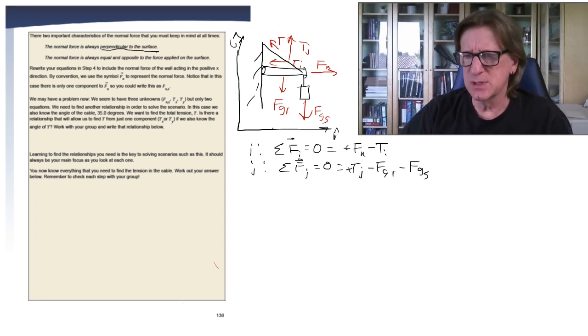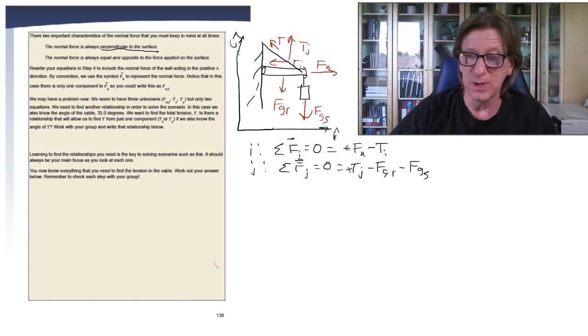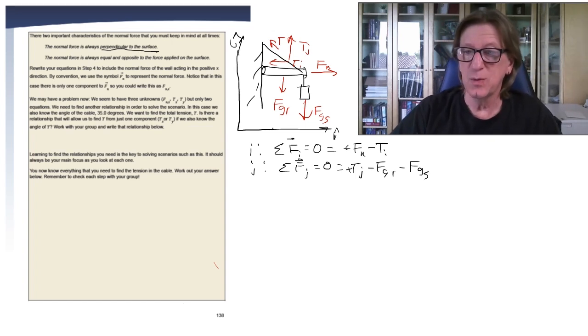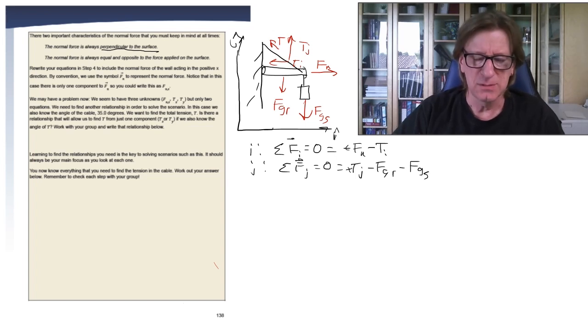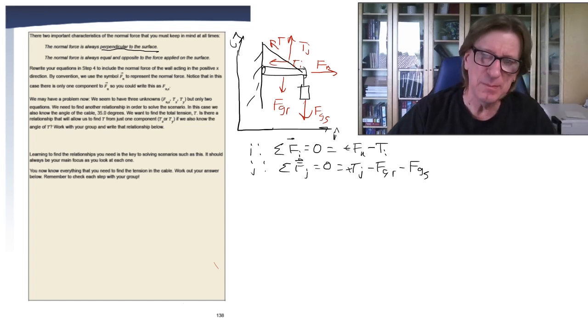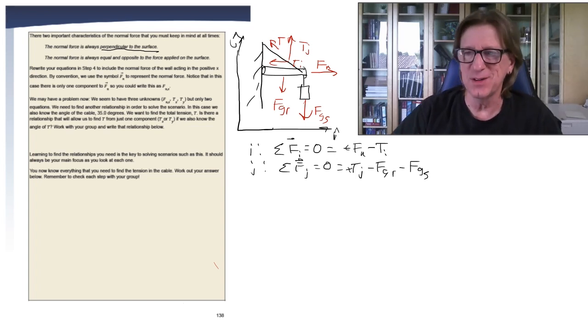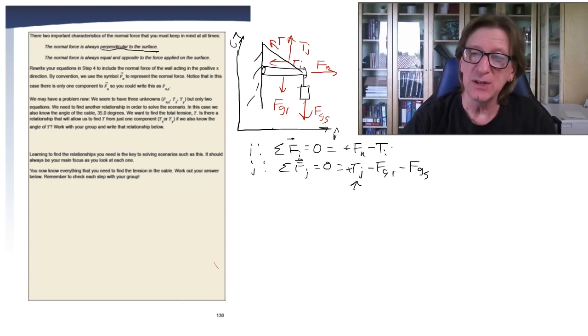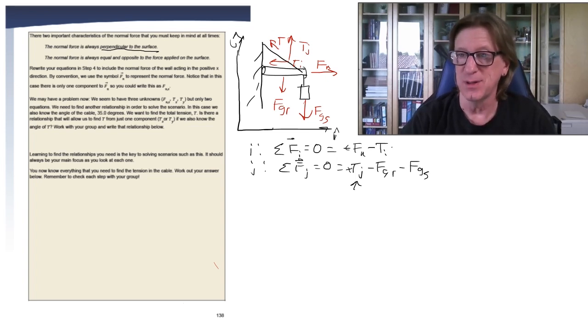So on the surface, it looks like we've got a problem here. We've got 3 unknowns, Ti, Tj, F of N, but we have only 2 equations. So that might be an issue, except for the fact that trigonometry is going to come to our rescue. So remember that we only need T, which means I could actually get it, if I could get this Tj, then I can get T because I know I can get my total T without having to work with the horizontal component at all.